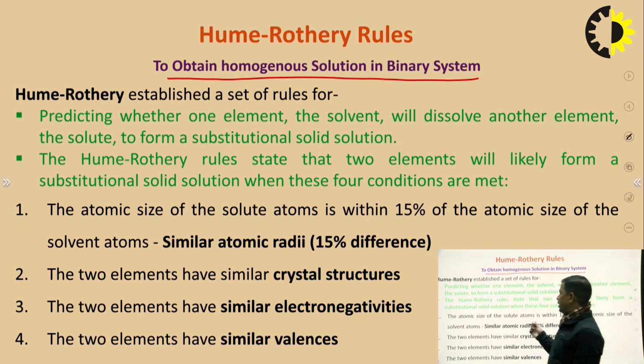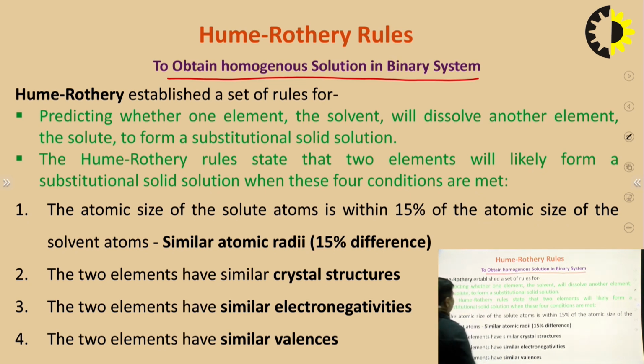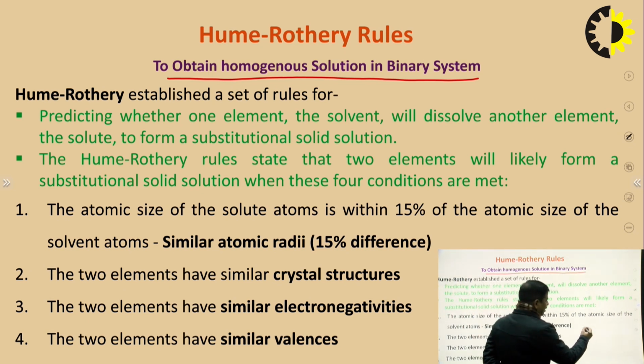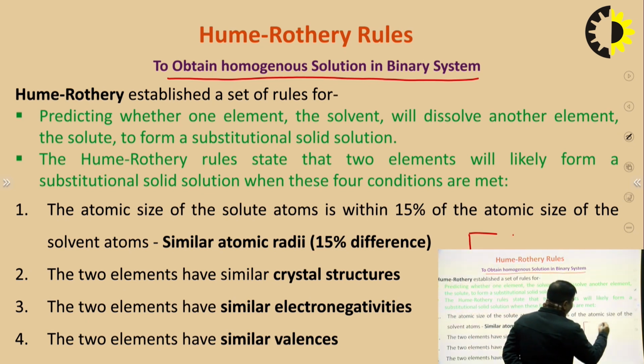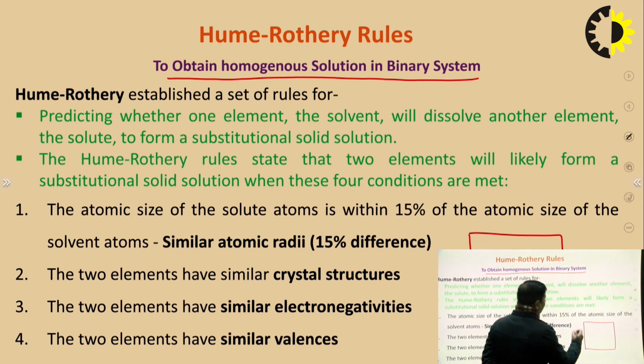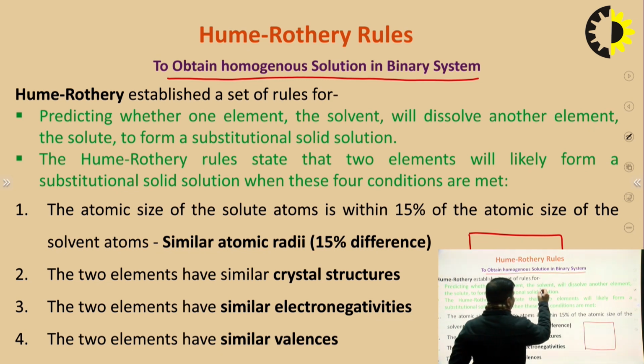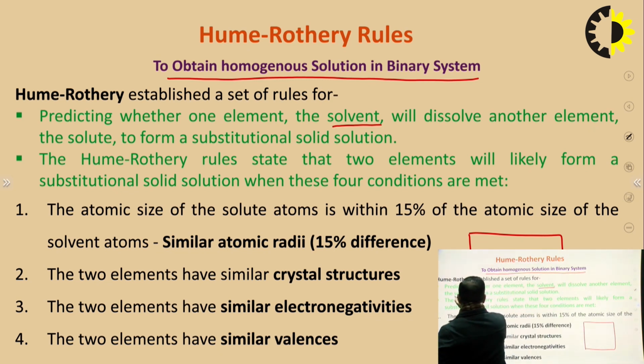So a little more about the Hume-Rothery rule. What is it all about? It is for predicting whether one element, the solvent, will dissolve another element, the solute, to form a substitutional solid solution. First we have to understand what is solvent and what is solute.